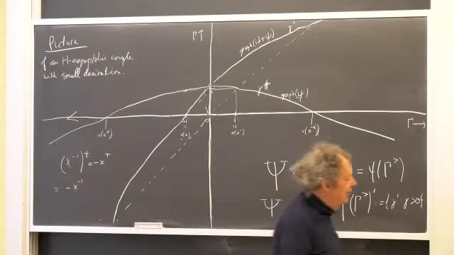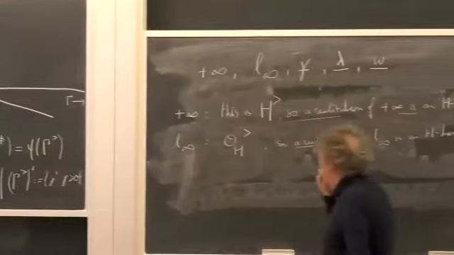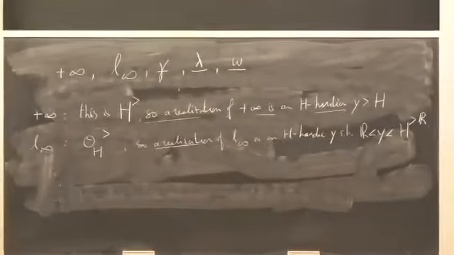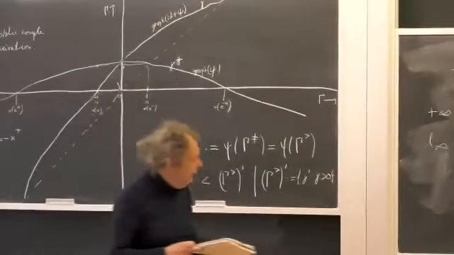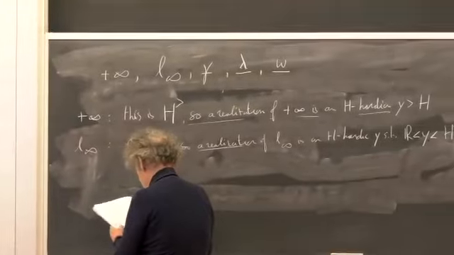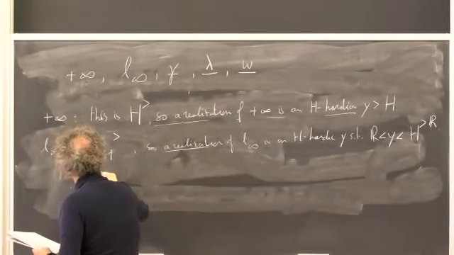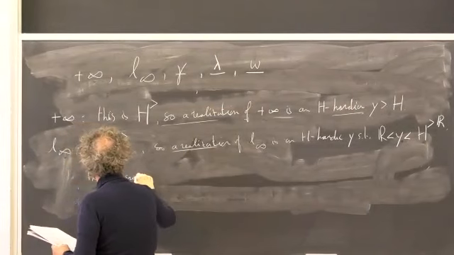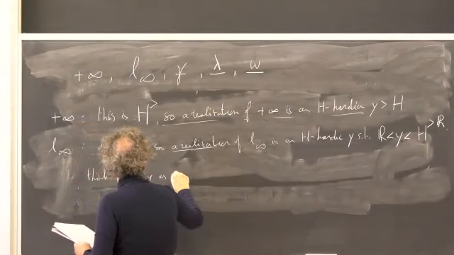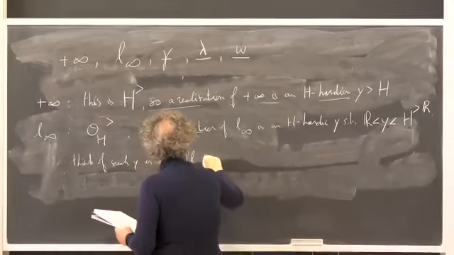That's where L infinity lies. And why do we call it L infinity? Well, because you think of such a Y as a small positive infinite element.